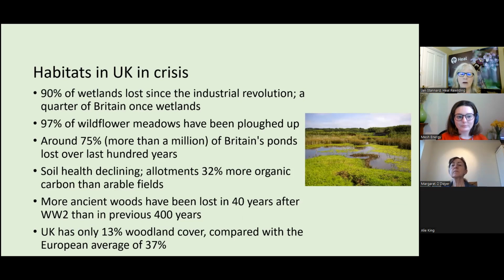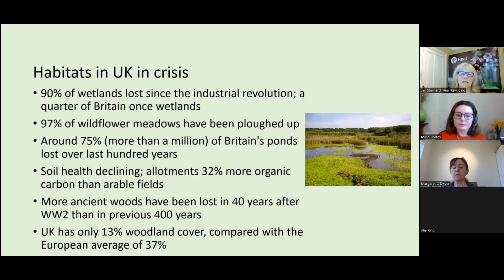Allotments are now much more healthy in terms of their soil than arable fields. Huge amounts of ancient woodlands lost. And we've got somewhere close to where I'm talking to you from, which is in the Thames Valley in Maidenhead, somewhere near here that's been unimproved since 1597, when Elizabeth I gave it a special status.